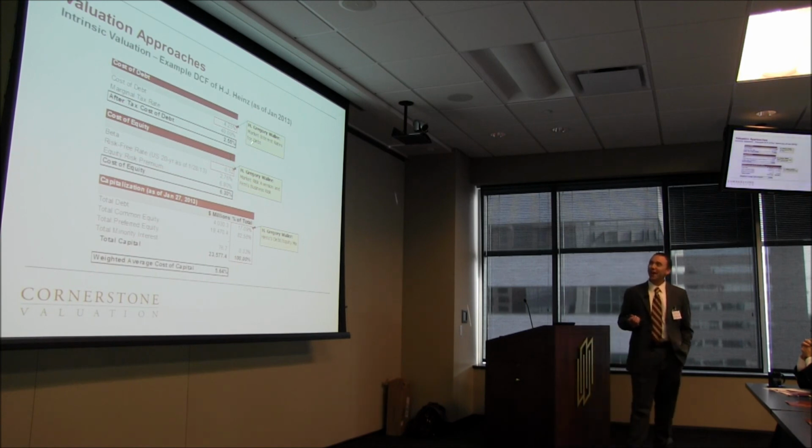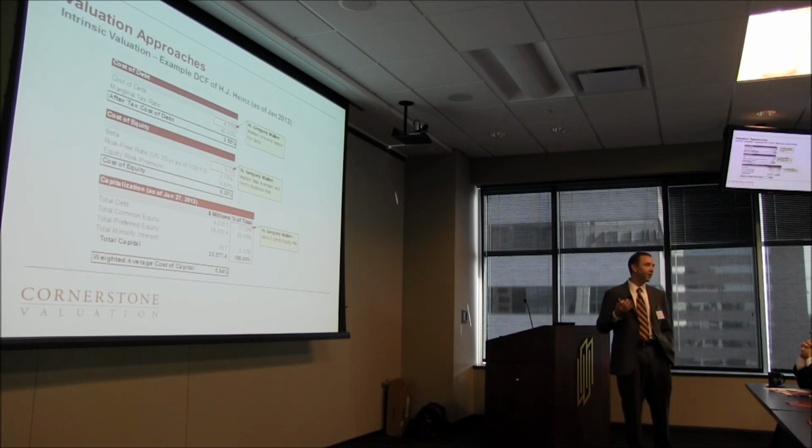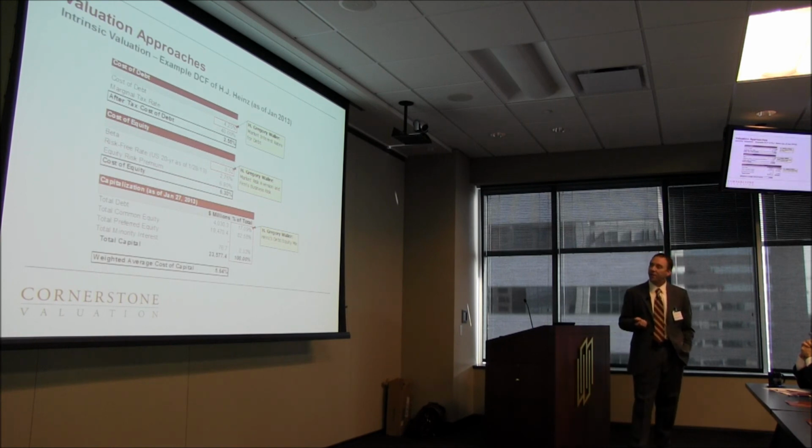This is my estimate of the weighted average cost of capital. I've got the cost of debt that I took from the bonds that were issued to Warren Buffett and his group to take the company private. So I just used that interest rate, the most contemporaneous number I had. This beta coefficient, you can get from a lot of different sources. Yahoo Finance, Google Finance, they all provide beta estimates.